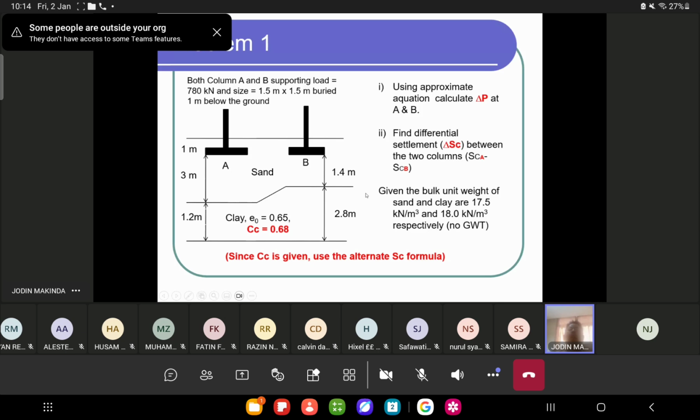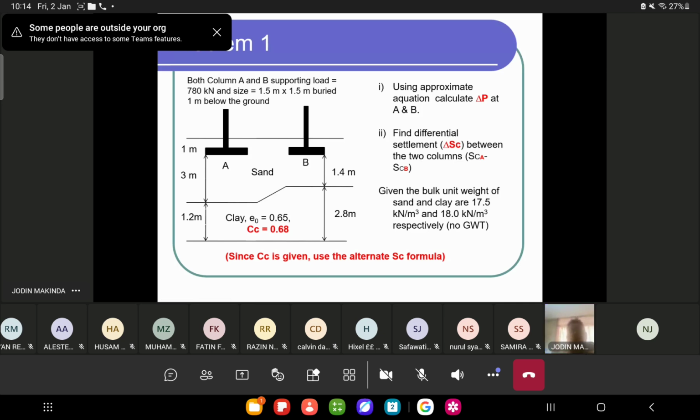And what is the total settlement at point B? After you know the total settlement, you can calculate the differential settlement, the difference between the settlement at point A and the settlement at point B. So these are the questions that you are requested to find.